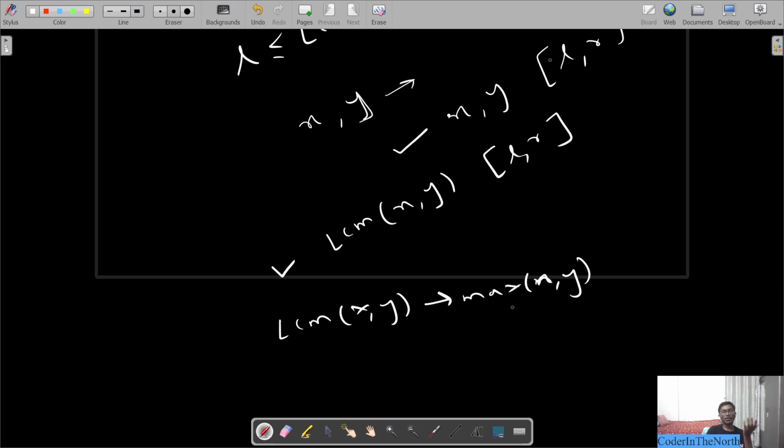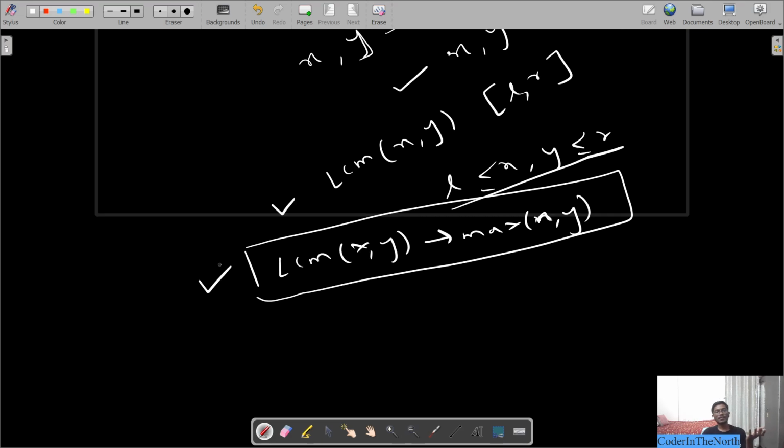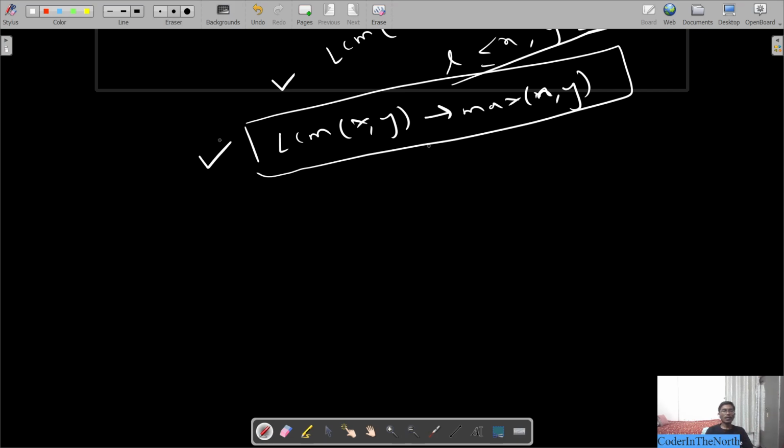If it is the maximum of x comma y, and we already know that both x and y are between the L comma R range, then this is a valid case. So we have to find whether something like this exists.